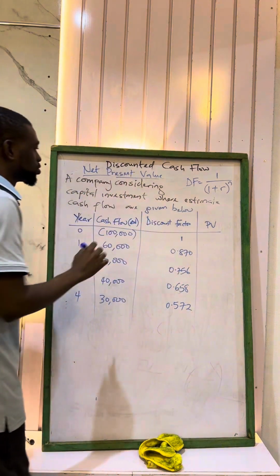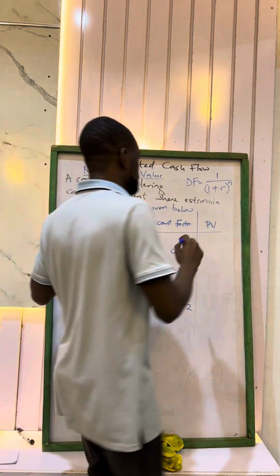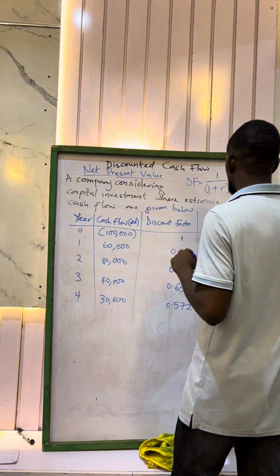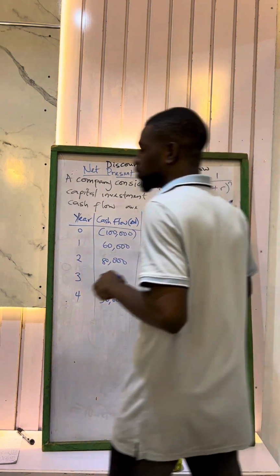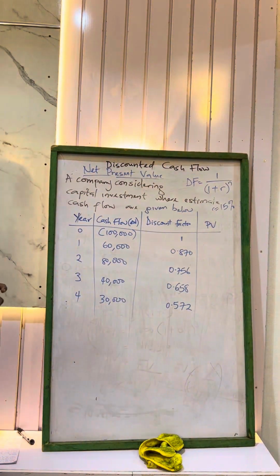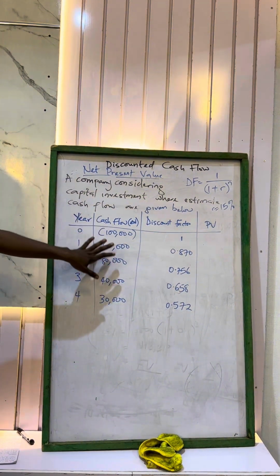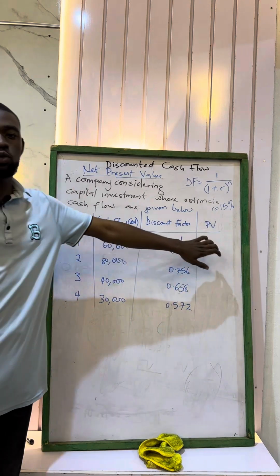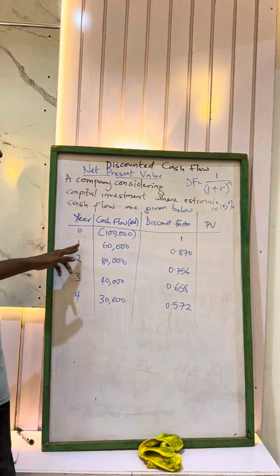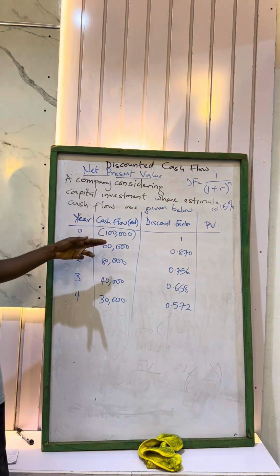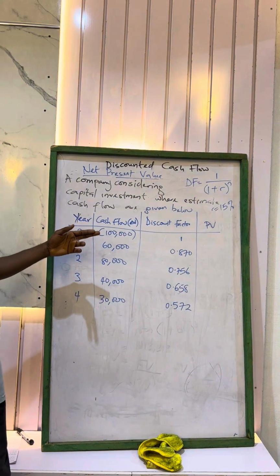And for this question, the capital investment rate was given as 15%. So all we need to do is discount all these amounts back to get the present value. That is, after year one, I'm to get 60,000. What's the present value of the 60,000 I'm going to be getting in year one?